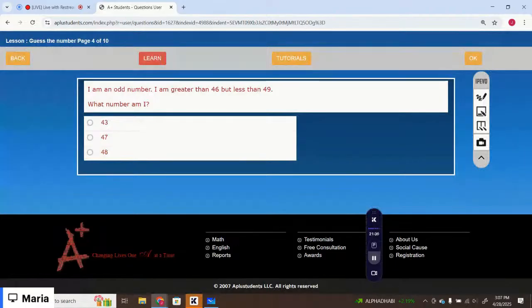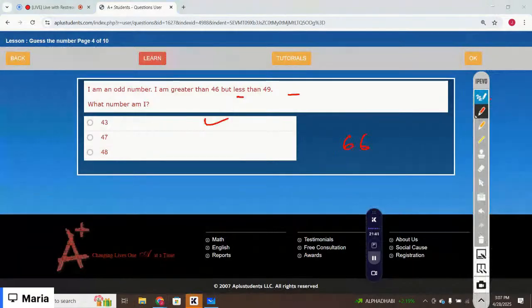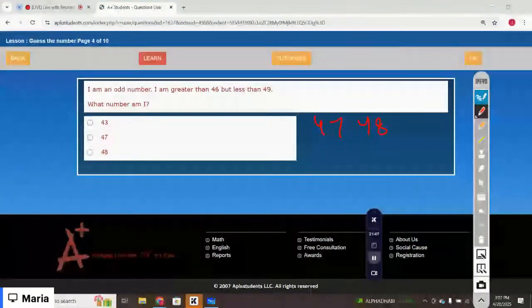I'm an odd number. I'm greater than 46, but less than 49. What number am I? Odd number it is. Between 46 and 49, we have only two numbers, 47 and 48. So which number is odd?